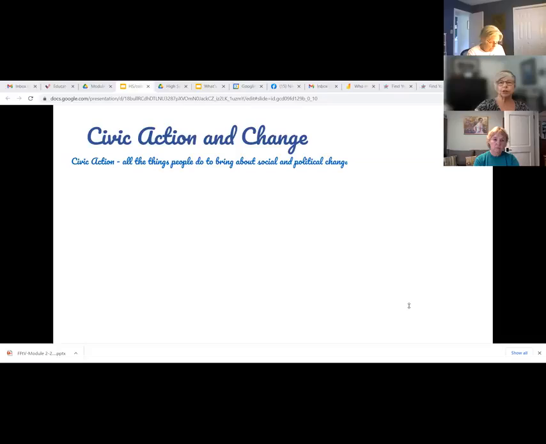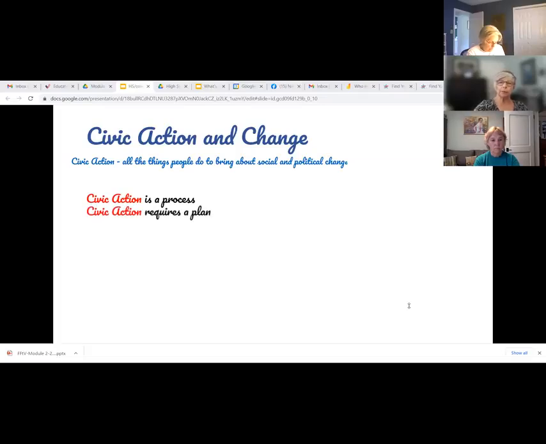The definition of civic action is the things that people do in order to defend democracy and bring about change. And this can mean anything from registering to vote and voting, through more dramatic actions like planning a demonstration or participating in some nonviolent civil disobedience. Civic action is a process, and you're going to learn how the process works.